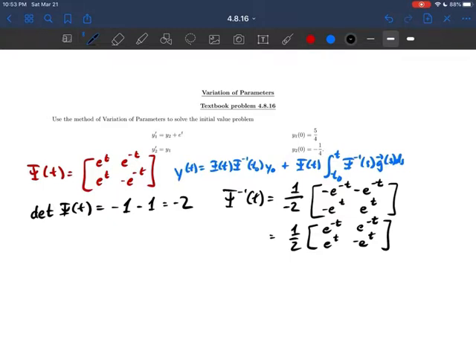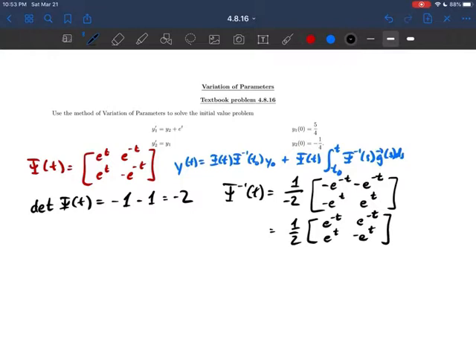All right, so now the next step in the formula, we're going to work on the integral from the inside out. So we have the inverse matrix here. We're going to have to multiply it by g of s. That's going to give us the integrand. So that's going to be our next step. We'll see how that goes, and then we'll integrate the result. All right, so C inverse, let's clean that up a little bit.